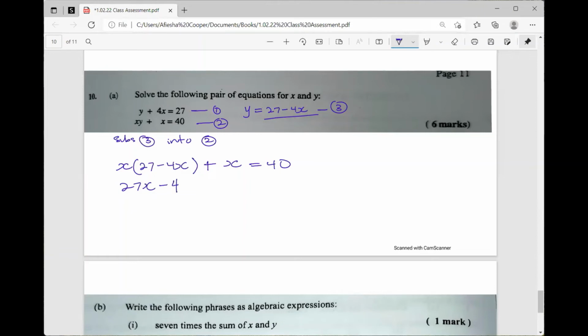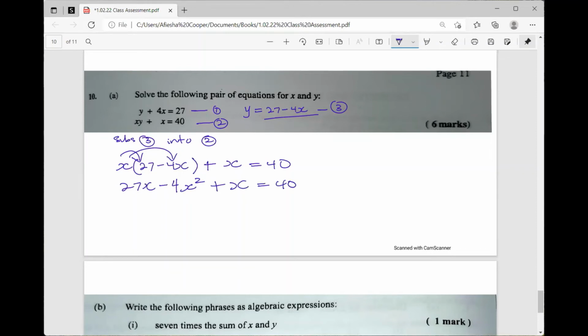Minus what? 5x. Multiplication. X by 27 is 27x. X by negative 4x is what? 4x squared. Thank you. Minus 4x squared plus x equals 40.